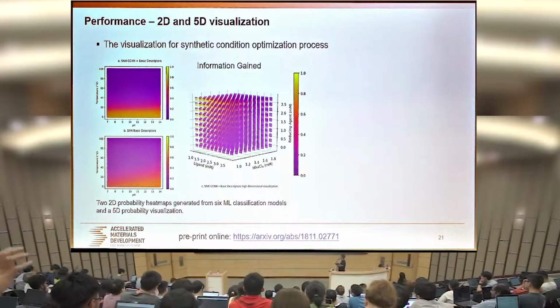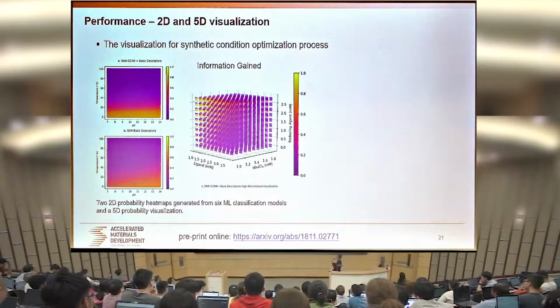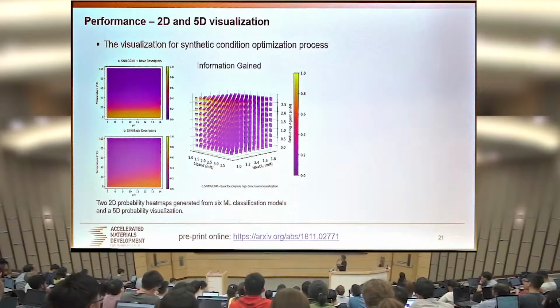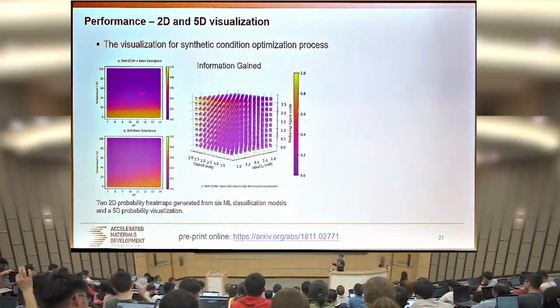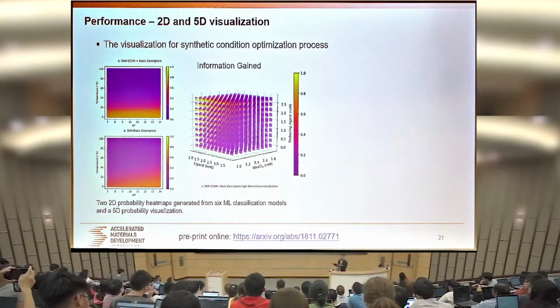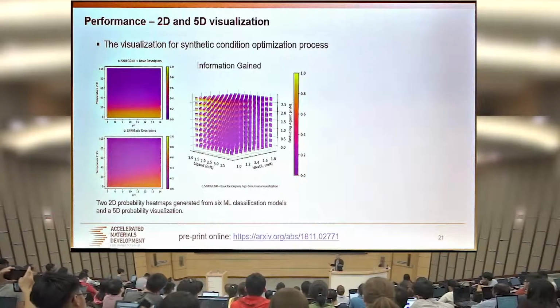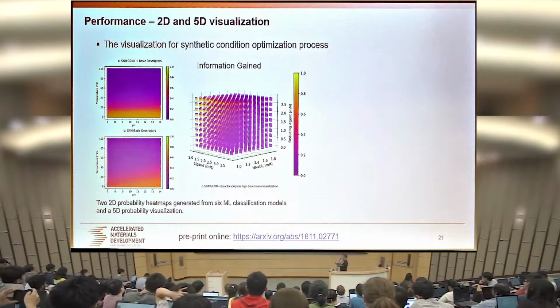And we do the 5-dimensional graph visualization to show that we also take into account the ligand concentration, the gold precursor concentration, and the reducing agent concentration. Each point is a 2D heat map like this. You can see the heat map will change. It means the whole process is affected not only by 2 factors, but also by a large number of factors.